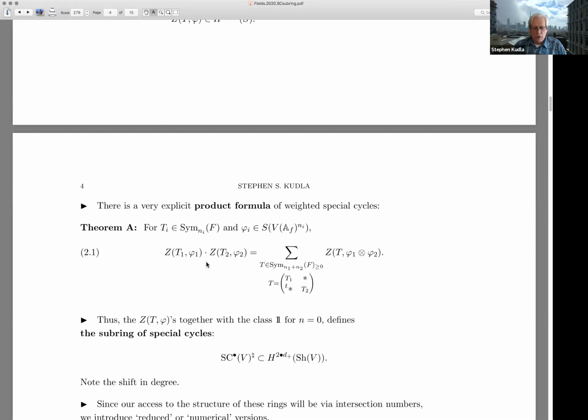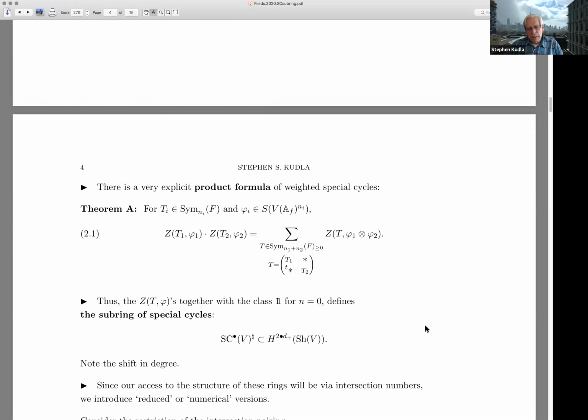These are cohomology classes after all. And here's a formula. Namely, it's the sum over Z(T, φ1 ⊗ φ2). This is a Schwartz function of the correct degree, which is n1 plus n2. And you take T to be all symmetric matrices of size n1 plus n2 with the original T's as the blocks on the diagonal. And you get this multiplication formula. So this is a rather pretty formula, which is true in this situation. So these things have a nice product formula for the structure.